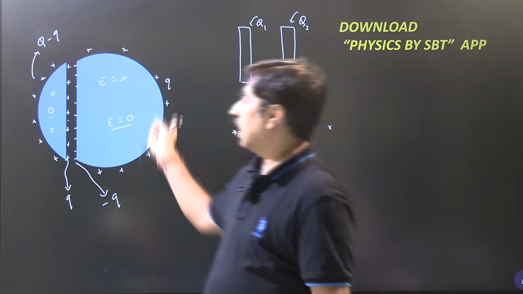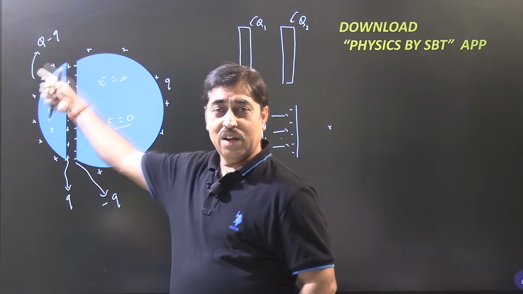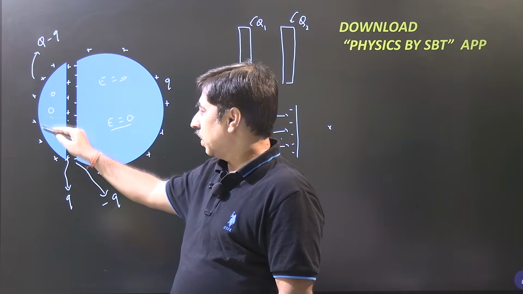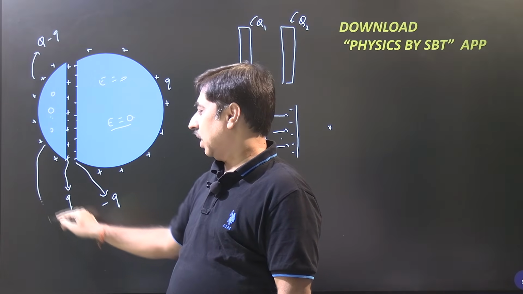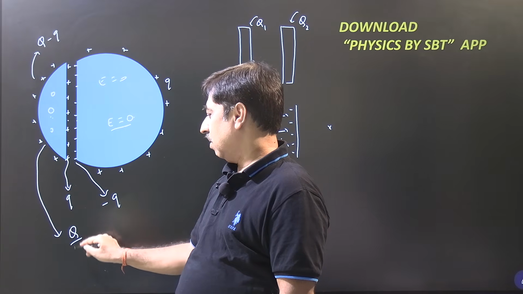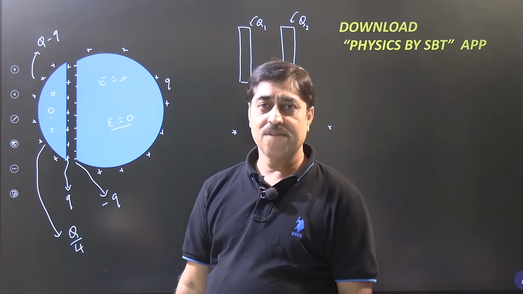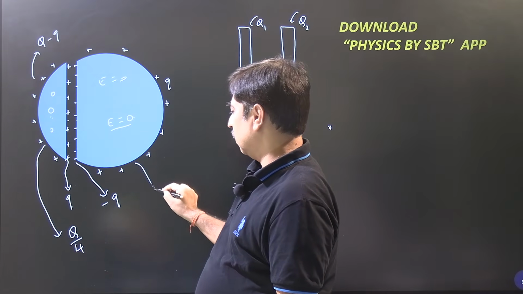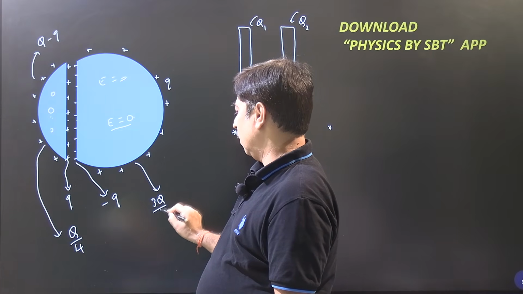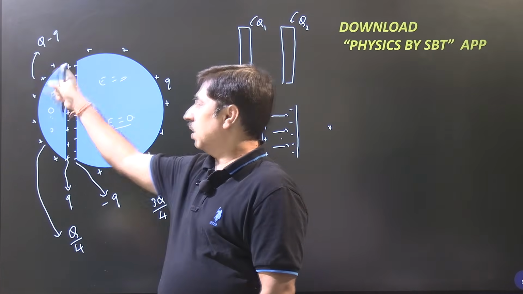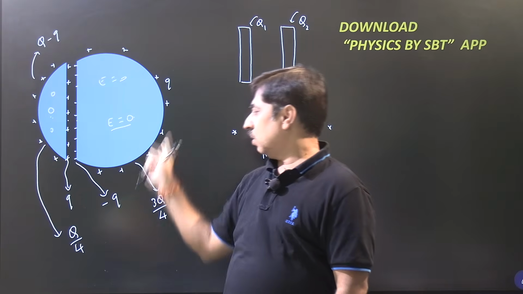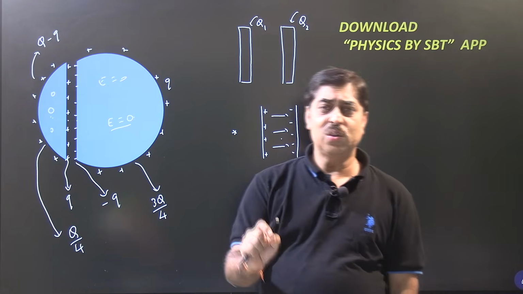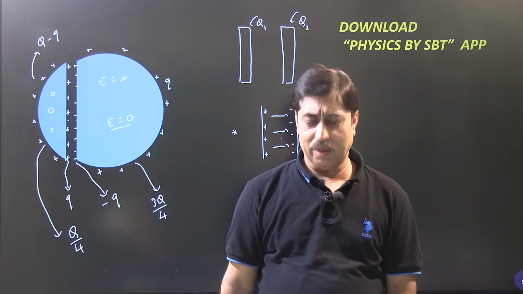So obviously, if the charge density is same everywhere and this area is 1/4 of the total area, the charge that is present here, which is Q minus q, has to be Q by 4, isn't it? And the remaining 3/4 of the charge is present here. So this charge is 3Q by 4. So, the charge on this spherical surface is Q by 4, the charge on this spherical surface is 3Q by 4. This is easy to argue actually. This is what is going to happen.